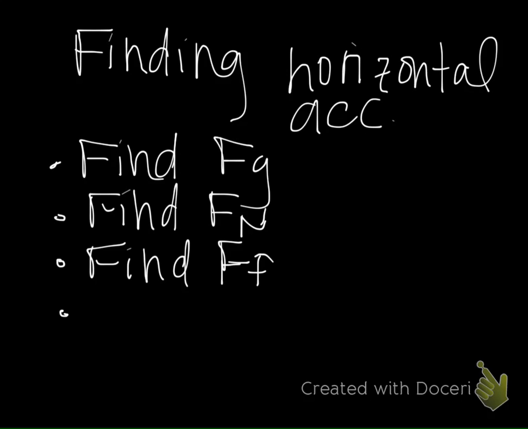Okay, so these are the steps we go through if we want to find horizontal acceleration, which is most of the time what we're looking for. Finding our F sub g, then find our F sub n. Most of the time those two will be equal. Not every single time, but most of the time. Then we find our frictional force. Then we find net force.